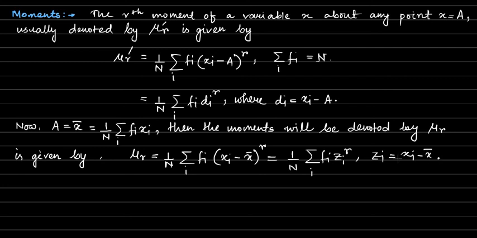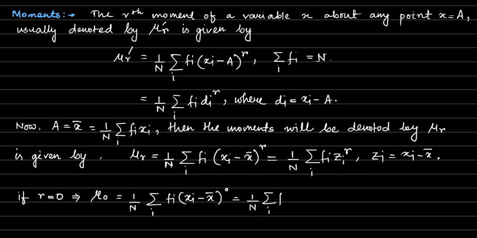So you can now see that if in particular we put r equal to 0, then this implies mu 0 is equal to 1 by n summation over i of fi into (xi minus x bar) to the power 0, that is equal to 1 by n summation over i of fi, that is 1 by n into summation fi, which is nothing but capital N. This cancels and this gives us 1.